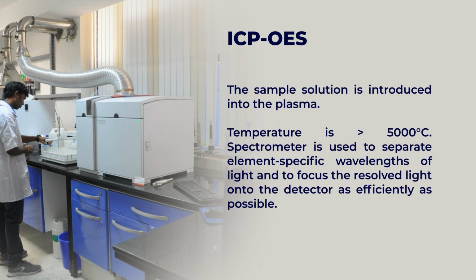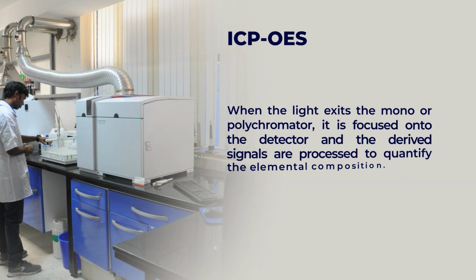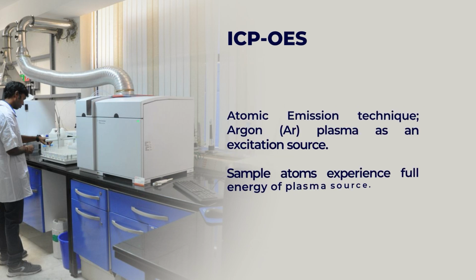The wavelength selector is used to separate element specific wavelengths of light and to focus the resolved light onto the detector as efficiently as possible. So when the light exits the mono or polychromator, it is focused onto the detector, and the derived signals are processed to quantify this.